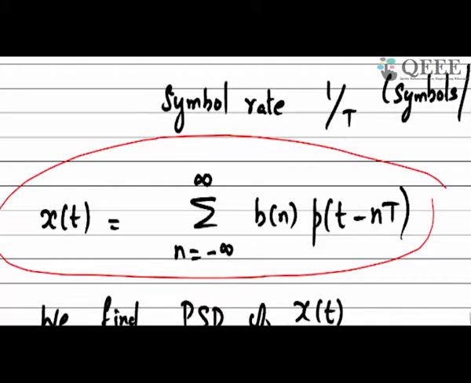In terms of QPSK, we allow the symbols to take complex values. The complex numbers have both magnitude and phase. So we are changing the magnitude and phase of the pulse by multiplying with this symbol B of n. Both magnitude and phase changes are linear operations, so this is why it is a linear modulation.